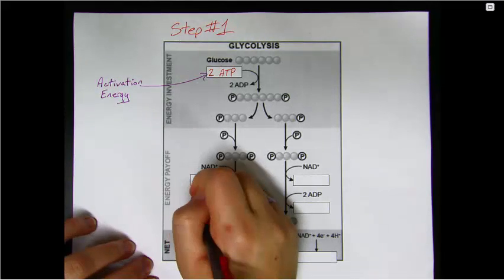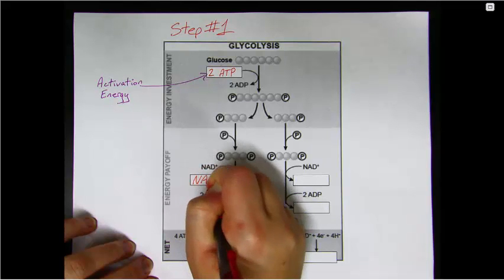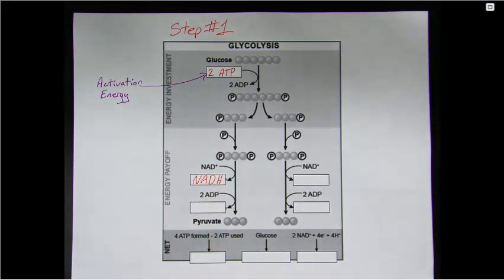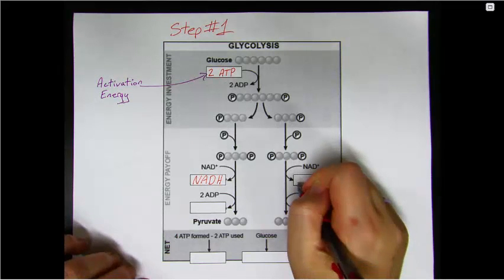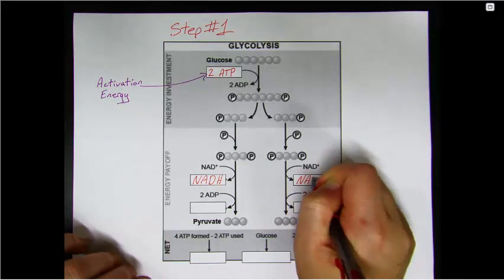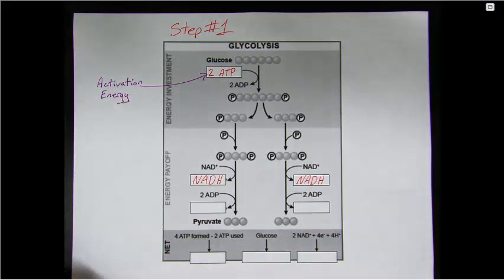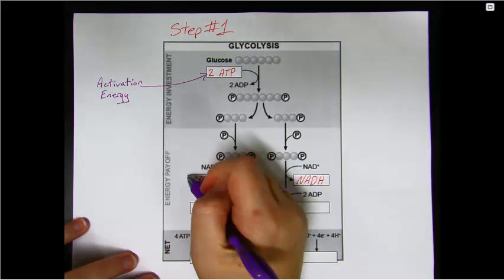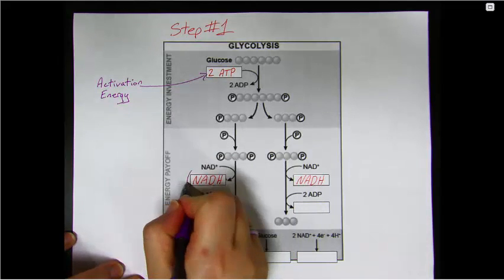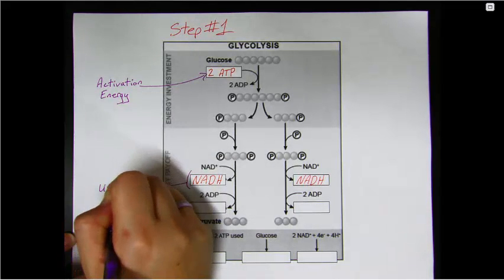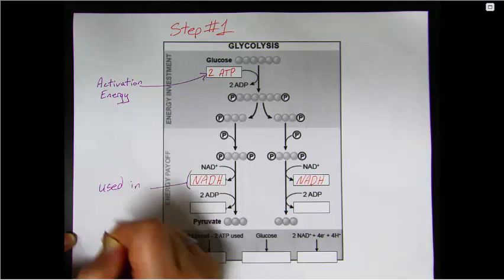When it is fully charged, we call it NADH. But we have to remember we do this to both sides since that glucose was split in half. So on the other side, we also have NADH. Now this NADH that's produced, this is actually used in step number 3.